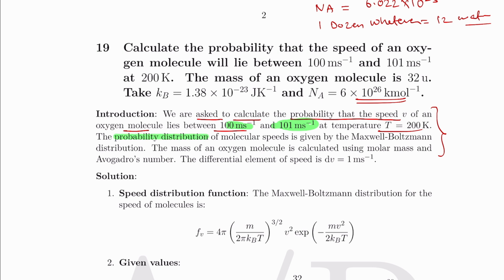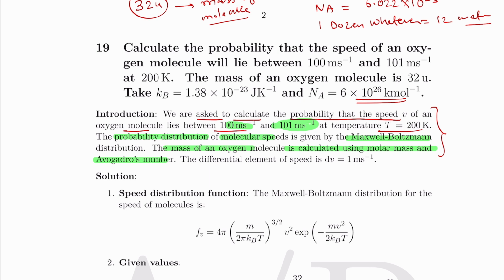Now we know that the probability distribution of the molecular speed is given by the Maxwell-Boltzmann distribution, and we will see what this distribution looks like. The mass of an oxygen molecule is calculated using the molar mass and Avogadro number. You should always know that if it is given as 32 u, it is the mass of one atom or molecule, in this case a molecule since it is oxygen.